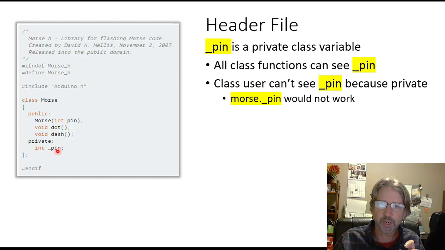By making this private, it's initialized here, but you can't accidentally mess things up. So the class user can't see _pin. If it was public, we could do something like Morse._pin and it would work. But because it's under the private variables, it won't work.